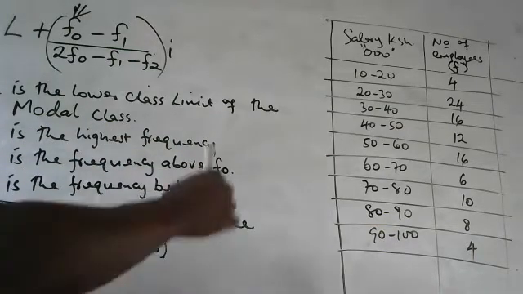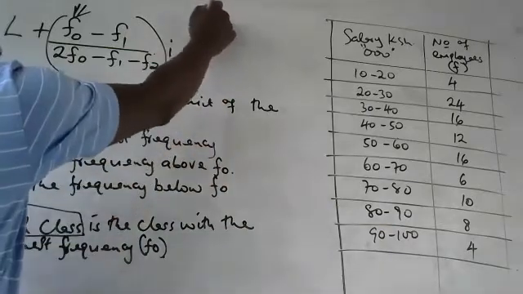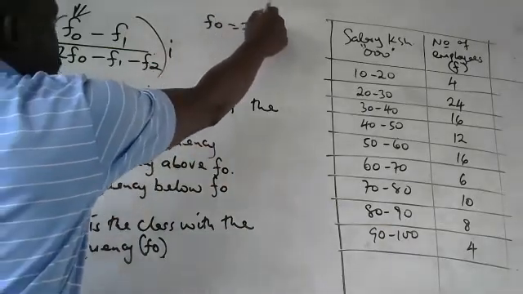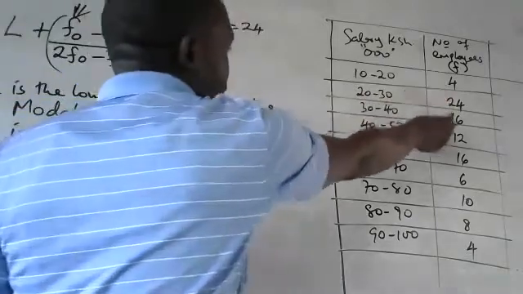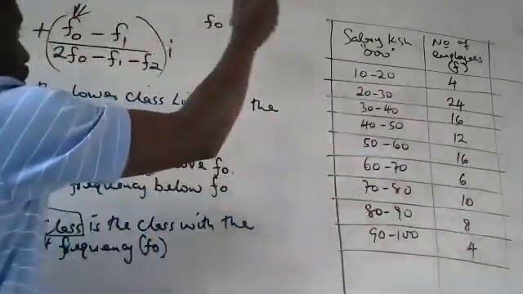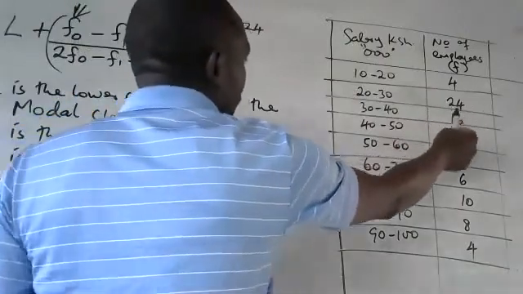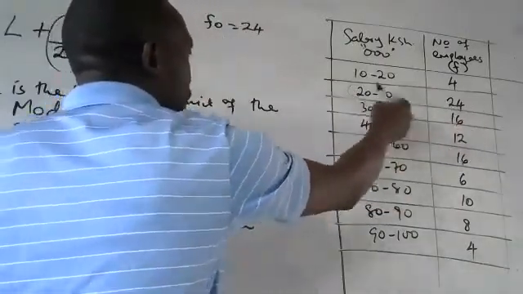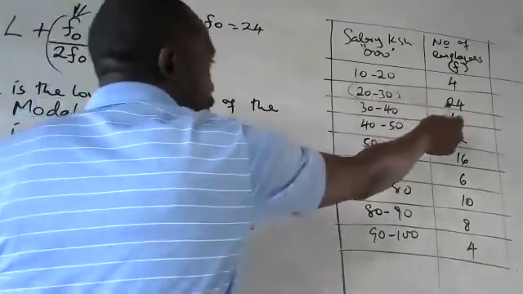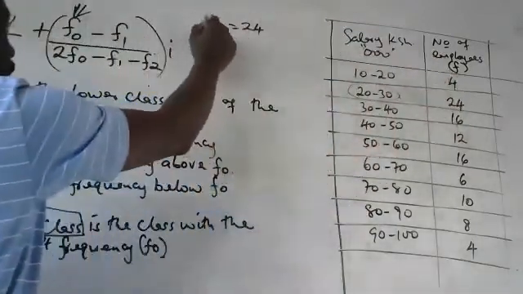As we have said, F0 is the highest frequency. So in this question, you realize that our F0 is actually 24. 24 is the highest value that we have there. It simply means that this particular class, where 24 belongs, is the model class.